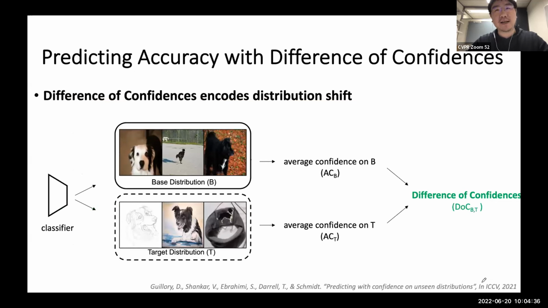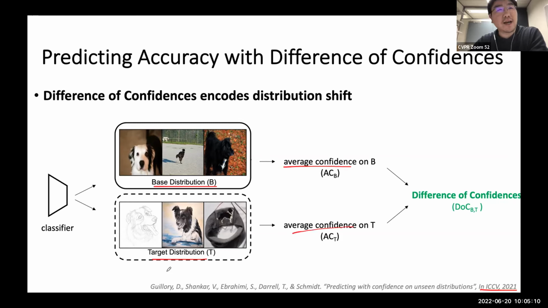If you have a classifier, you feed images from the base distribution and target distribution to this classifier, and you can very simply calculate the average confidence, just the average of the image confidence of every image of this dataset, and you have two average confidence numbers, one on the base distribution and one on the target distribution.